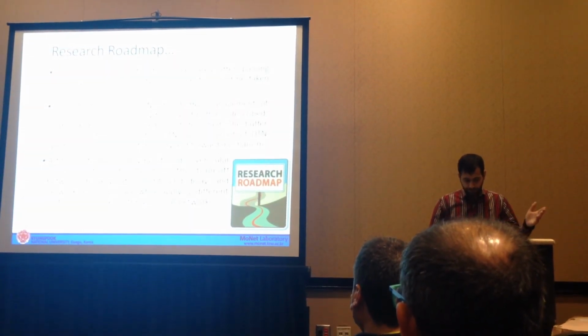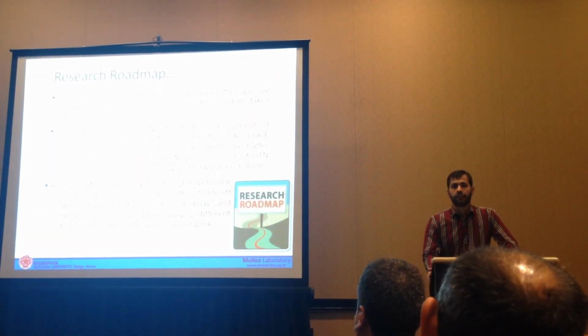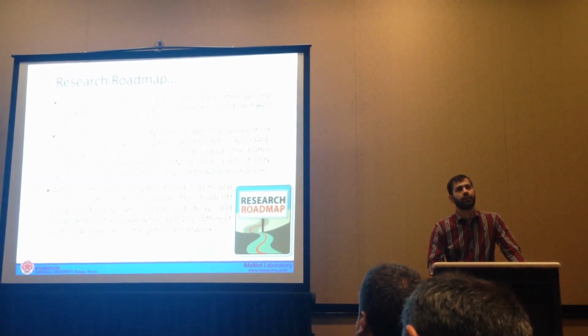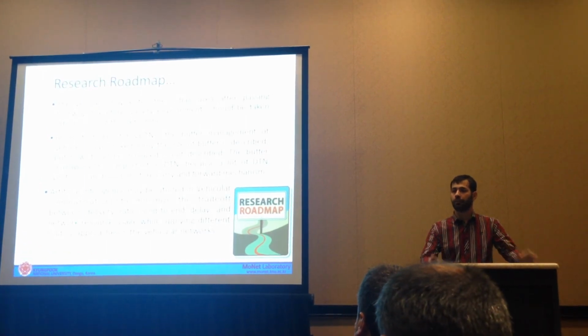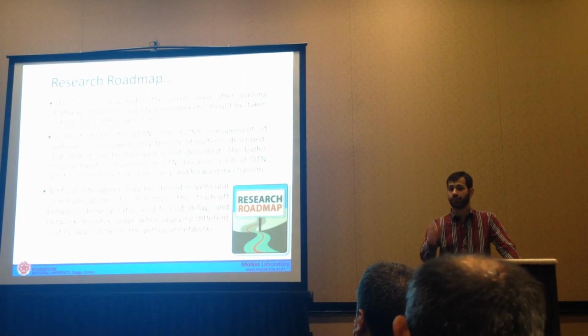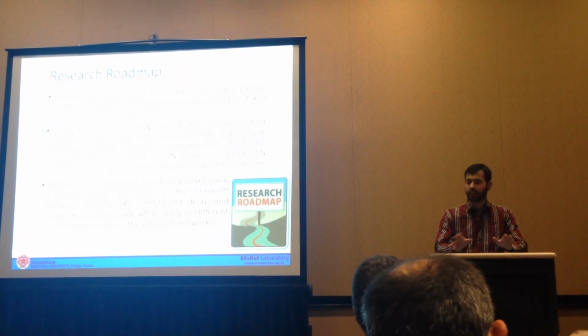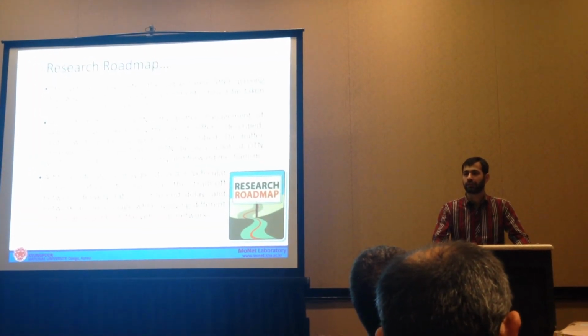Basically, most routing protocols in vehicular networks do not assume both environments. Some are specifically for urban and some are specifically for highways. There may be a few exceptions, but very limited.